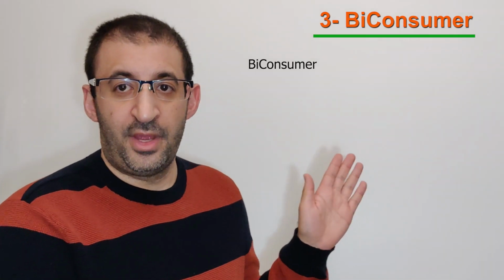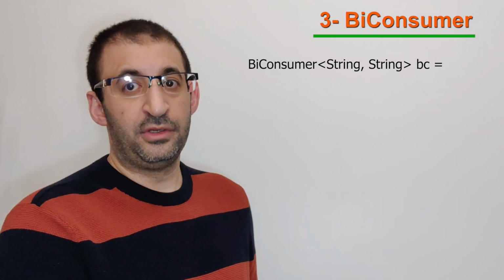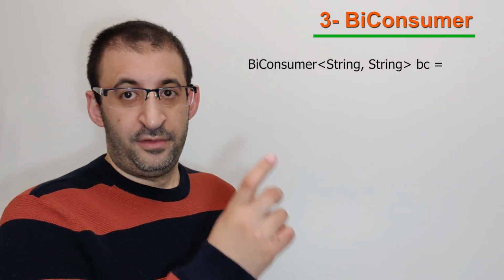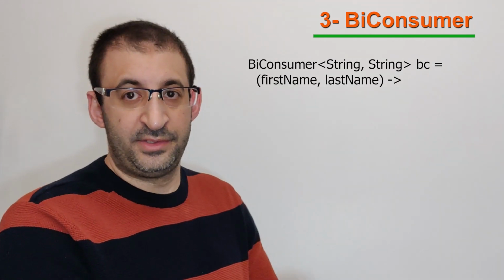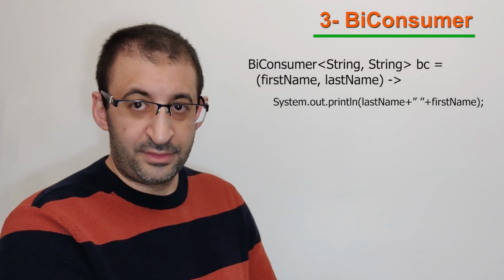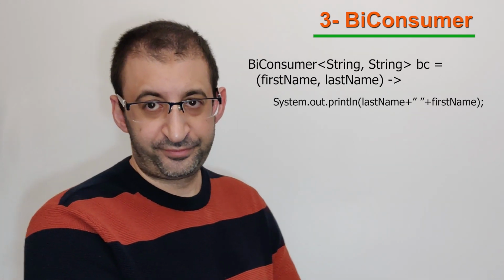So I will create a BiConsumer with two input arguments, String and String. BC equals, I'll give it first name and last name between parentheses, a simple arrow, System.out.println, first name plus last name.